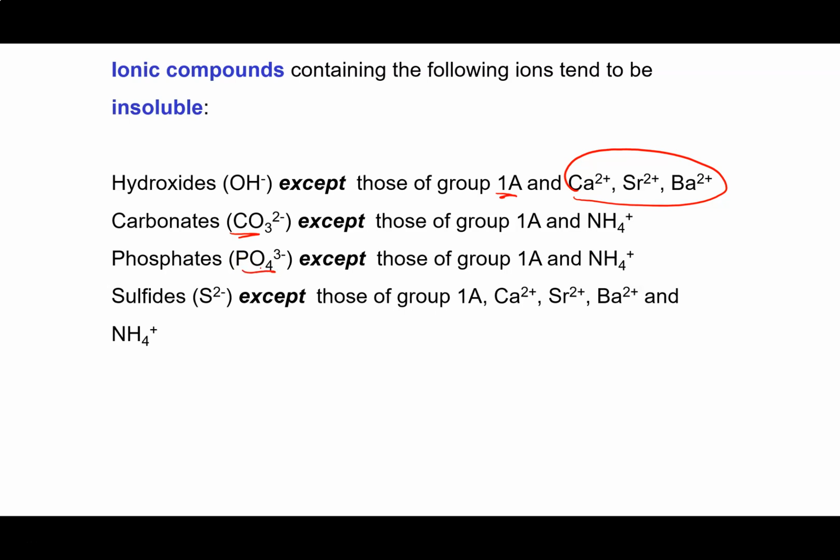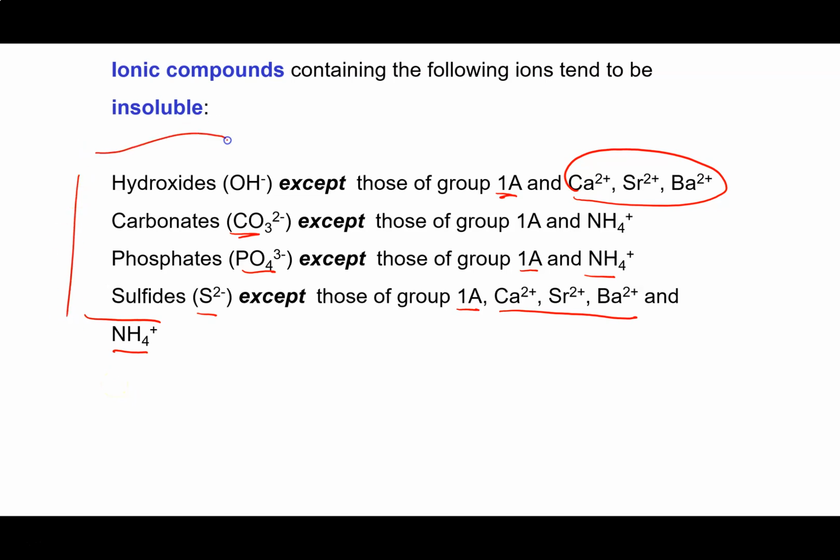Phosphates tend to be insoluble, except for the members of group 1A and ammonium. And then sulfides tend to be insoluble, except for, again, you guessed it, group 1A, ammonium, and then the larger members of group 2A. So these guys here, hydroxides, carbonates, phosphates, sulfides, tend to be insoluble.